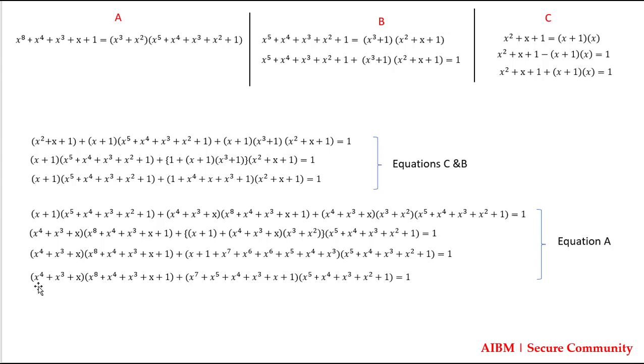Then the result will be (x^4 plus x^3 plus x) multiply with (x^8 plus x^4 plus x^3 plus x plus 1), plus (x^7 plus x^5 plus x^4 plus x^3 plus x plus 1) multiply with (x^5 plus x^4 plus x^3 plus x^2 plus 1) equal 1.